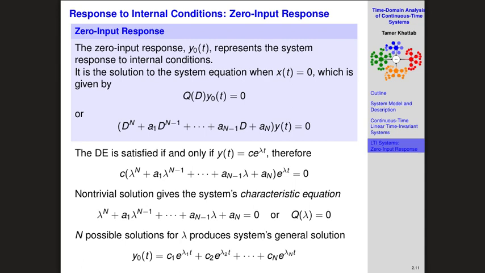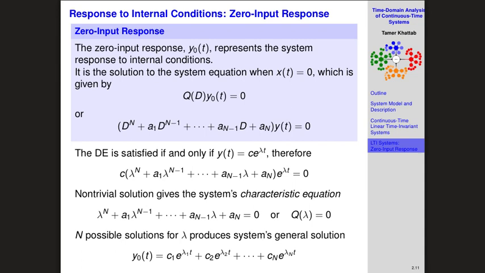Don't forget that this Q of D is just the nth order derivative plus some constant multiplied by the n minus 1 derivative and so on until you get to the first derivative, and then you get to the y of t directly multiplied by a constant. That's going to be your differential equation that you need to solve, right?